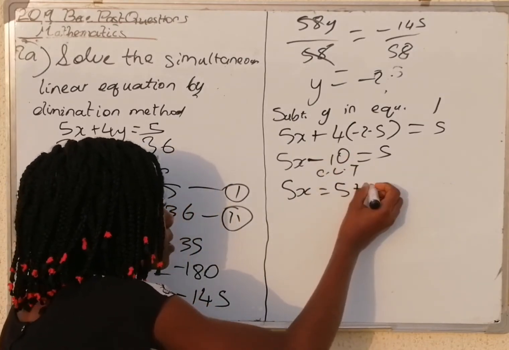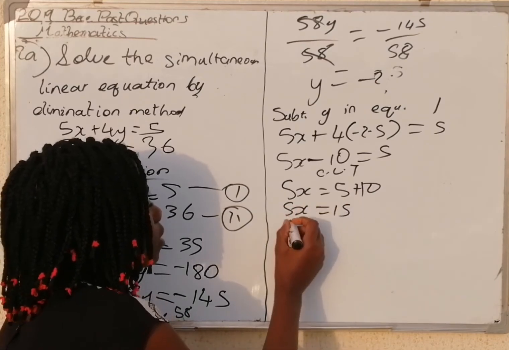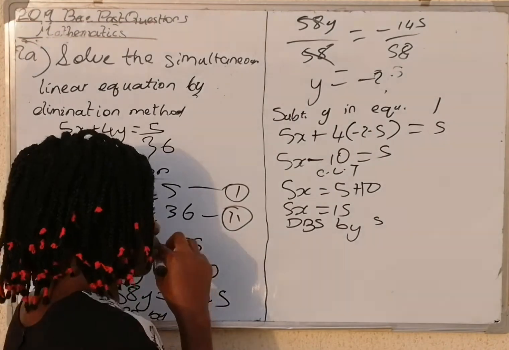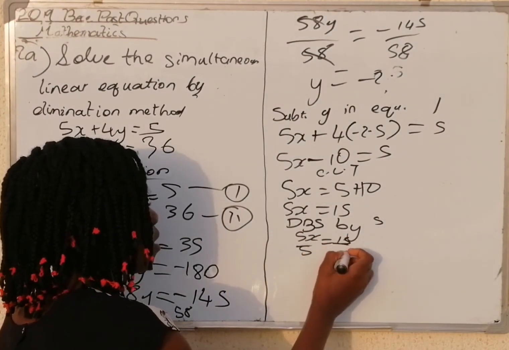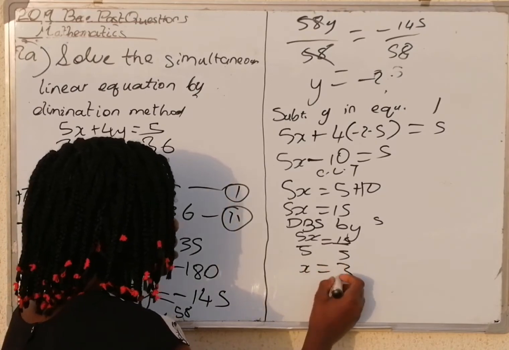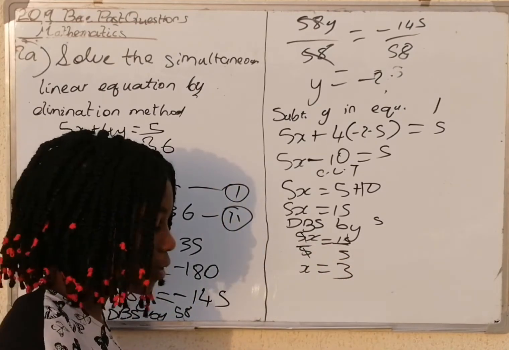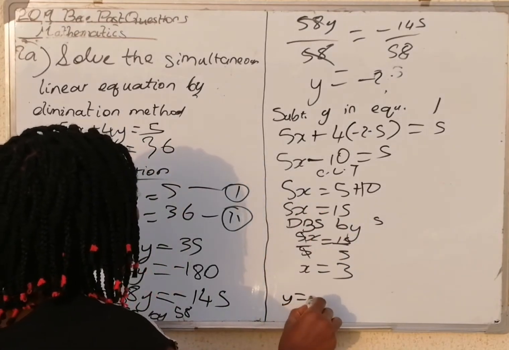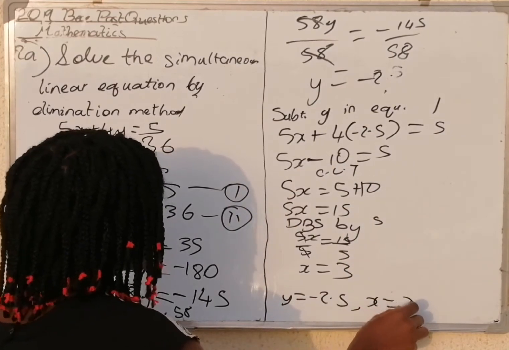So 5 plus 10. 5x equals 15. So we divide both sides by 5. 5x all over 5 equals 15 all over 5. X equals 3 because 5 cancels 5 and 15 divided by 5 is 3. So our final answer: y equals minus 2.5 and x equals 3.